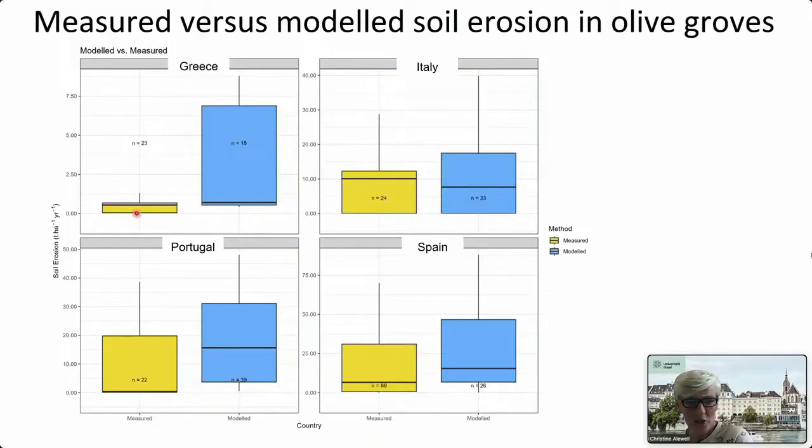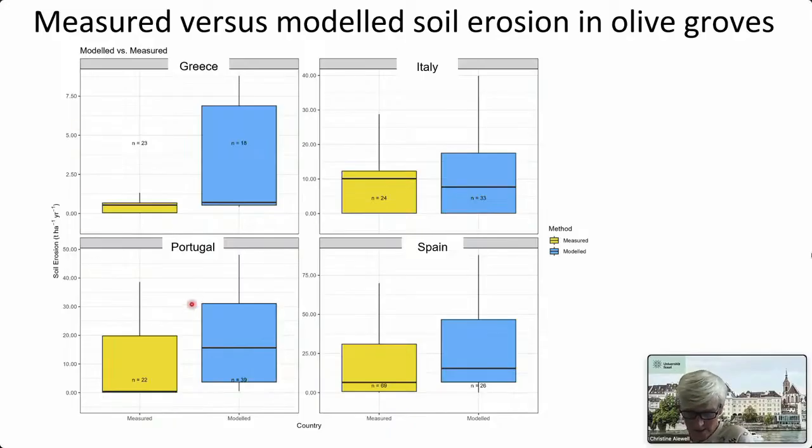Okay, if we look now at the soil erosion rates across the countries, first of all, the measured and the modeled values are partly the medians of all study sites. The medians are fairly similar, except in Portugal, where we have higher values for the modeled than for the measured. But please note that we have very different axis scales.